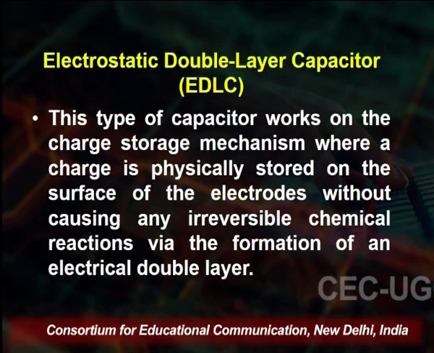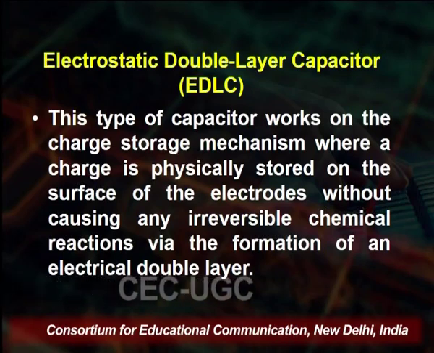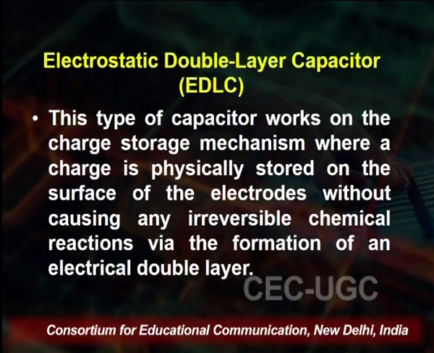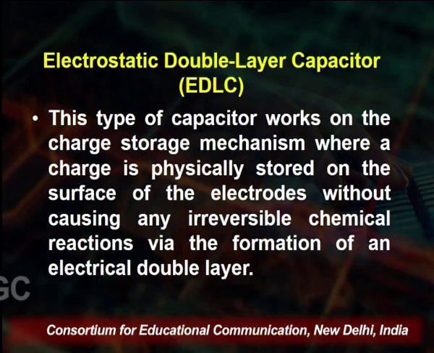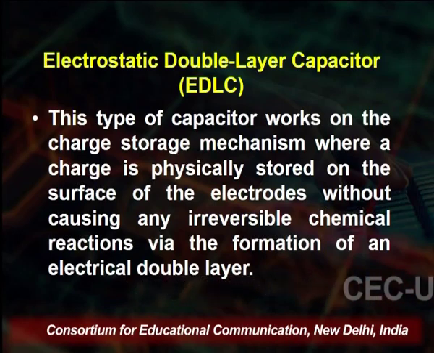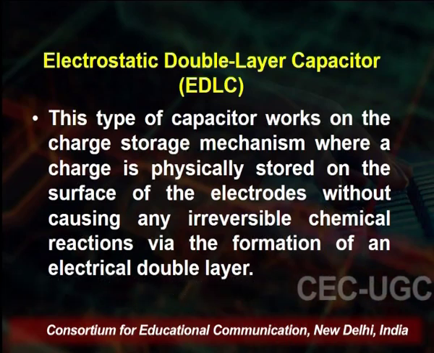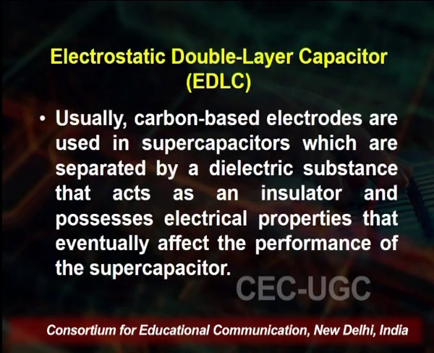First is the electrostatic double layer capacitor, also called an EDLC. This type of capacitor works on a charge storage mechanism where charge is physically stored on the surface of the electrodes, without any irreversible chemical reaction, by the formation of an electrical double layer.